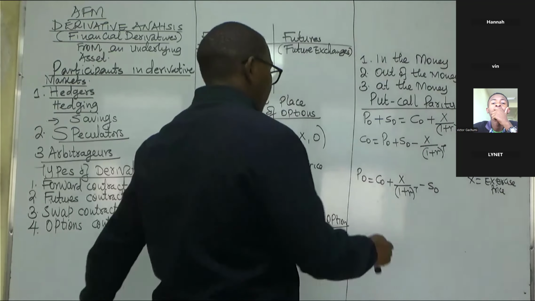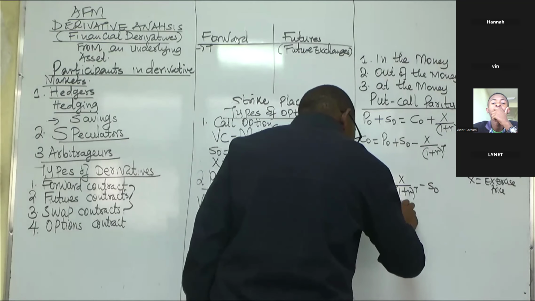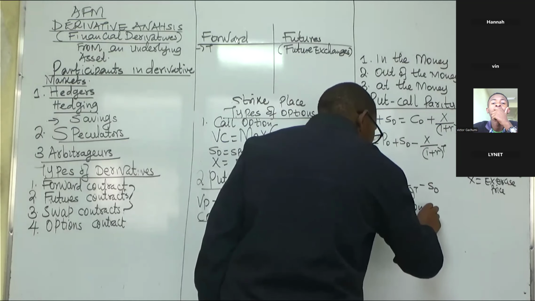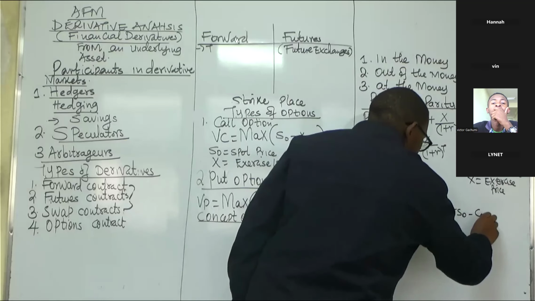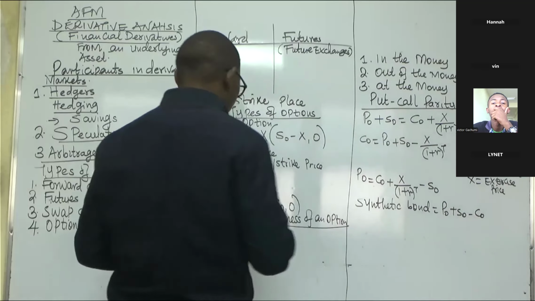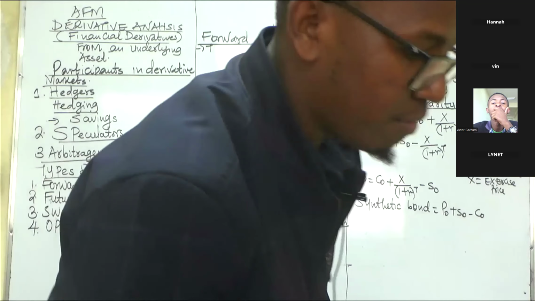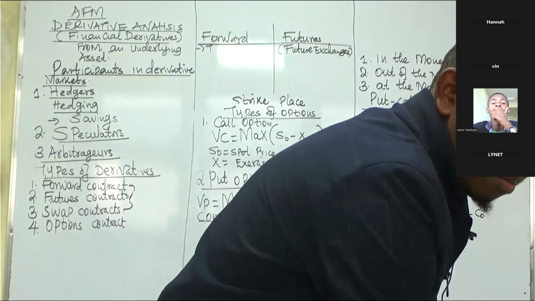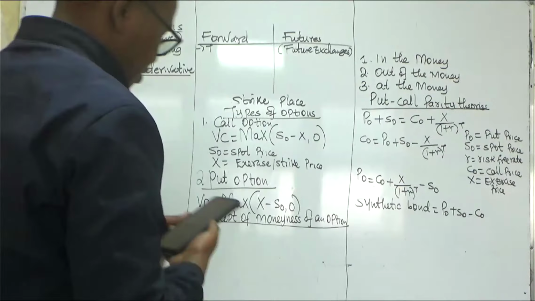To get the value of a synthetic bond, this should be PO plus SO minus the value of a call option.